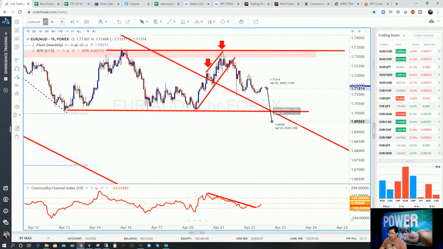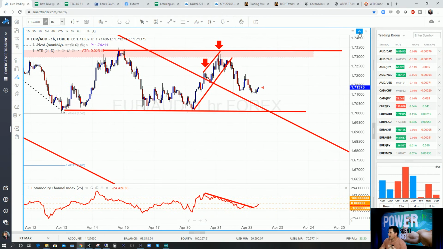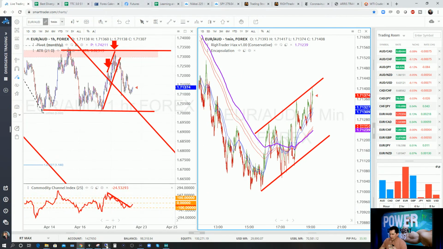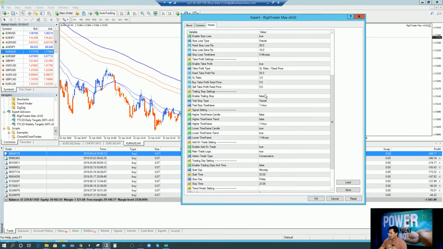I definitely want to see a break of this level and a break further down south. So I'm going to have no limitations to my profits. I'm not going to set any limitation to the profit. Alright, and I'm good to go.